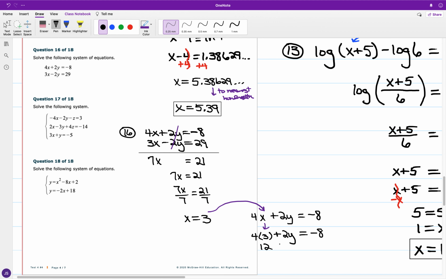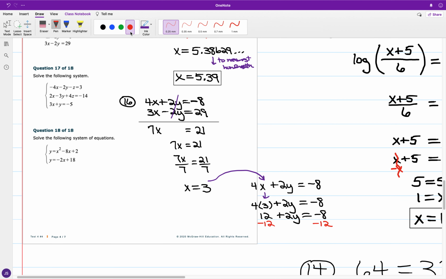So we have 12 plus 2y is equal to negative 8, and taking 12 away from both sides, we're going to have that 2y is equal to negative 20, and with division by 2, it's going to follow that y is equal to negative 10.